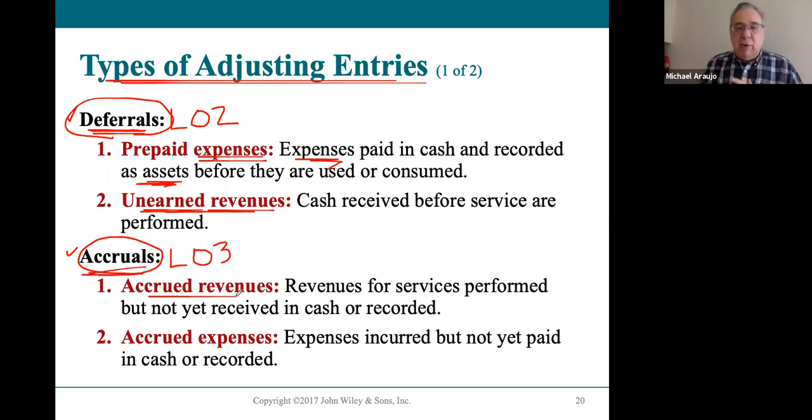An accrued revenue simply is you've performed the service during this month or this year, whatever the period we're looking at, but you're not going to be collecting payment on that until the next month or the next year. And so that's basically an accrued revenue. You want to say that you need to record that you earned the revenue, but you are going to receive payment for that later, which is an accounts receivable, basically.